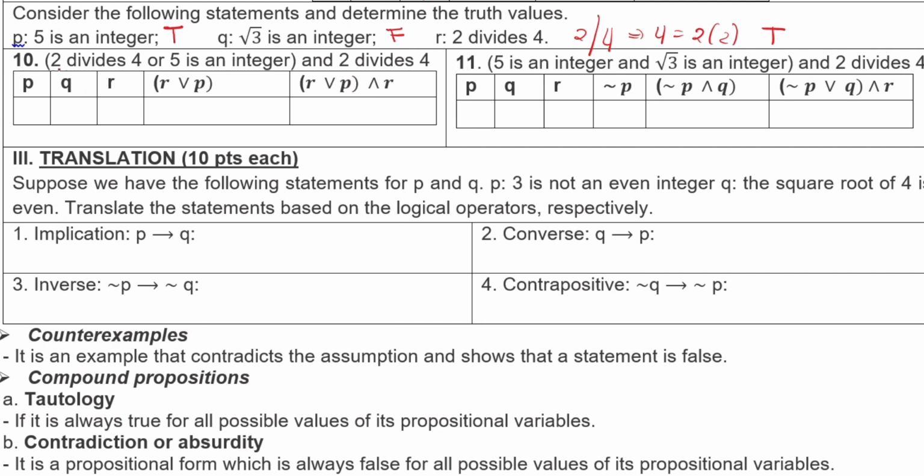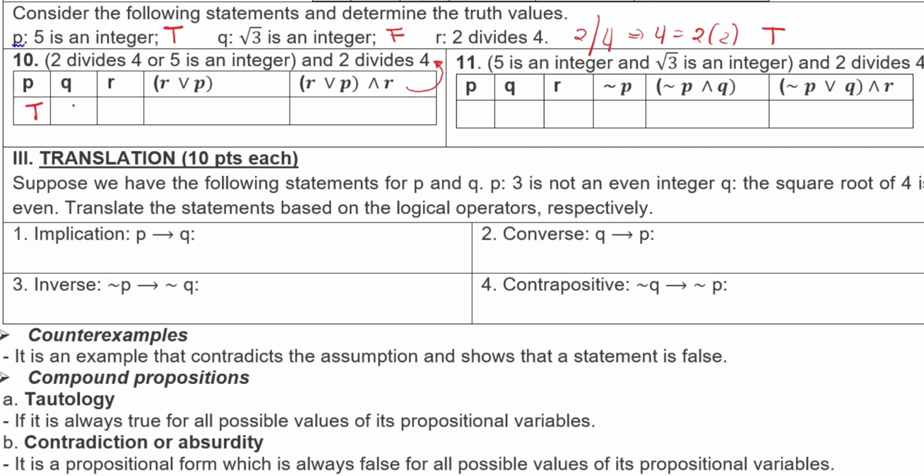Now, number 10, 2 divides 4 or 5 is an integer and 2 divides 4. This is how we translate these logical operations into words.